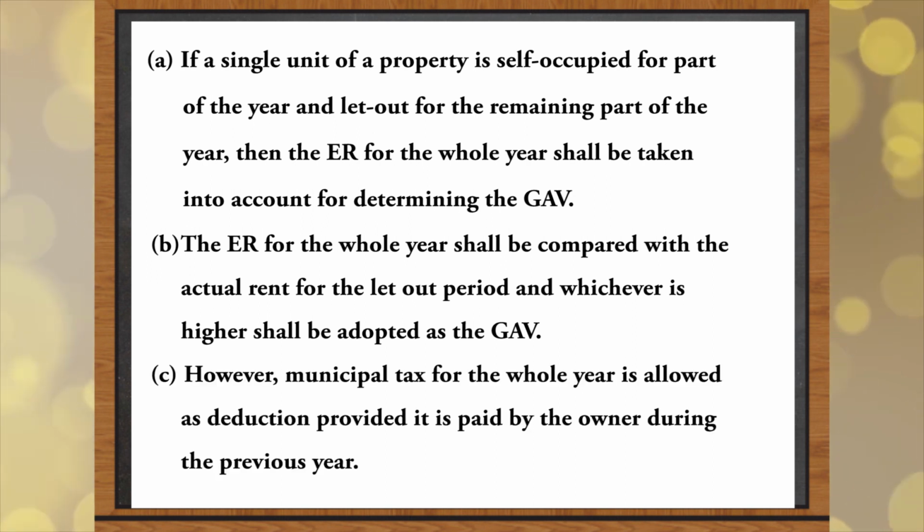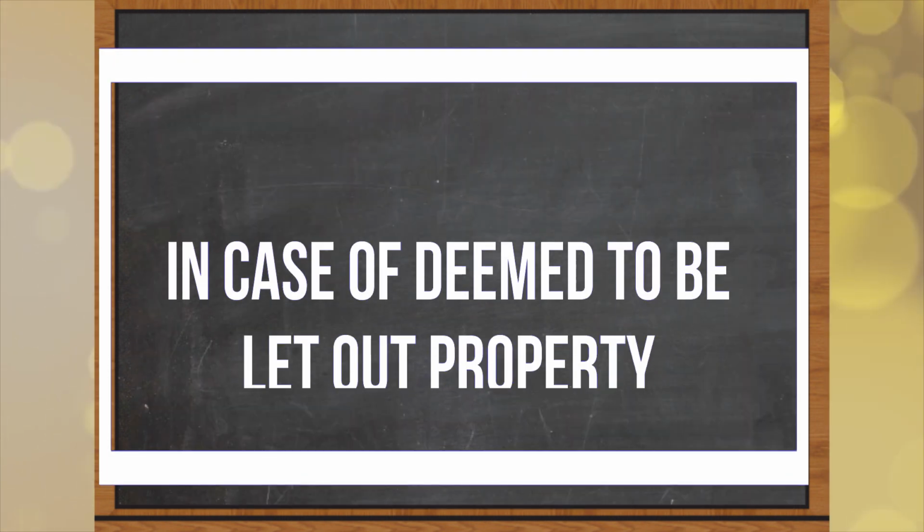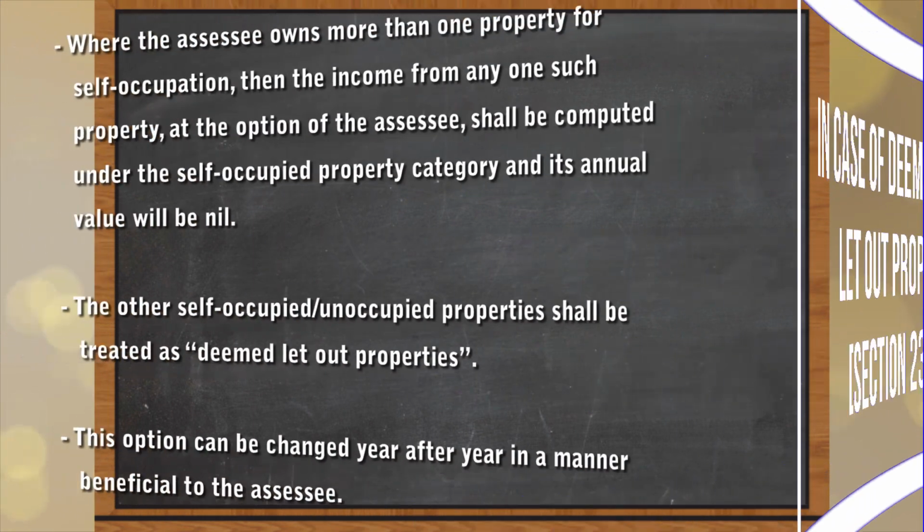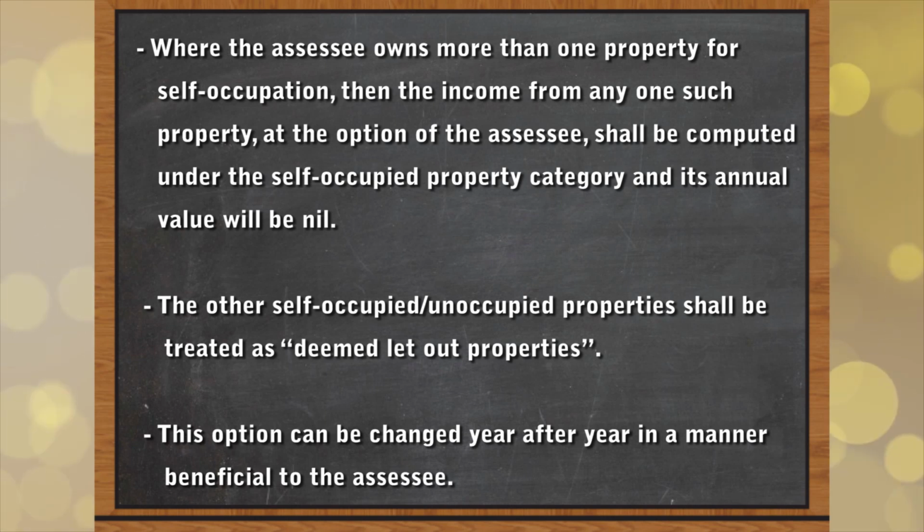However, the municipal tax for the whole year is allowed to be deducted provided it is paid by the owner during the previous year. In case of deemed to be let out property, it is given under section 23 subsection 4 that where the assessee owns more than one property or two properties as the case may be from assessment year 2021 for self occupation, then the income of any such property at the option of the assessee shall be computed as self occupied property and the annual value will be taken as nil.